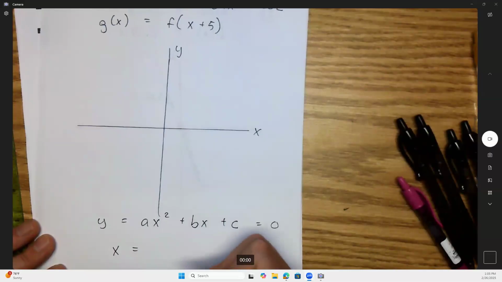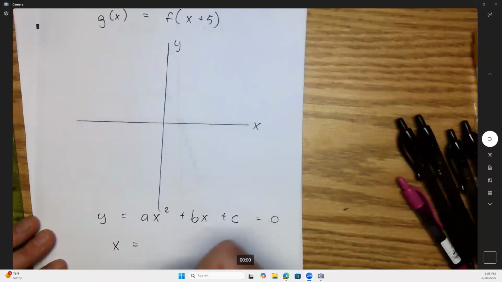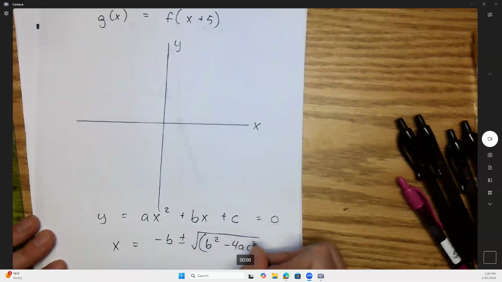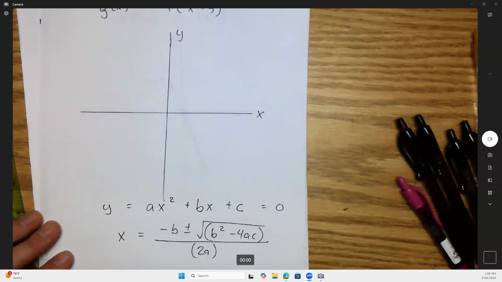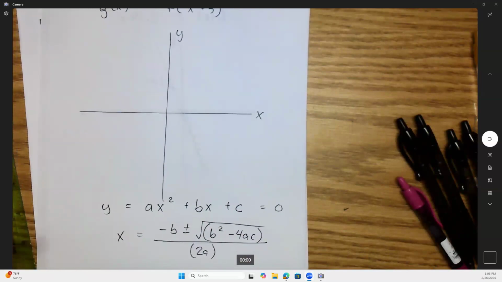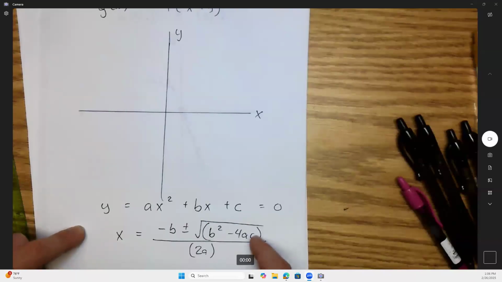Did I tell you earlier today the quadratic equation was going to come up? Here it is: negative b plus or minus the square root of b squared minus 4ac, all divided by 2a. If you know how to read this equation, it will tell you the two x-intercepts, where the function would zero out.